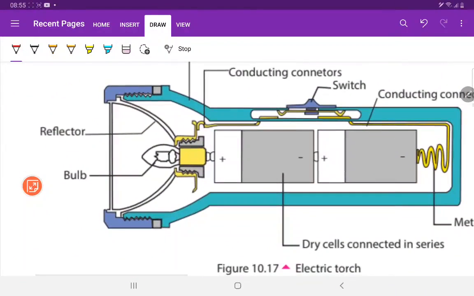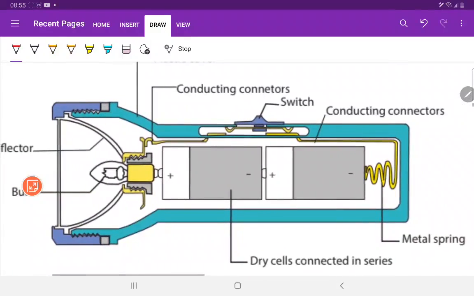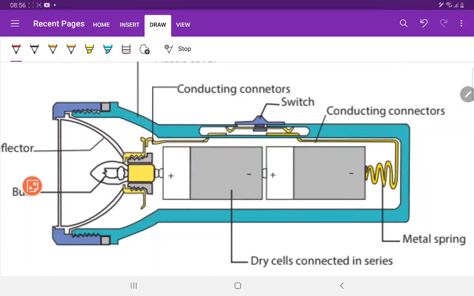Now can you see the parts? These are the two dry cells. Can you see the dry cells here? You see the positive terminal. Always the button-like point will be the positive terminal, and this one will be the negative terminal.